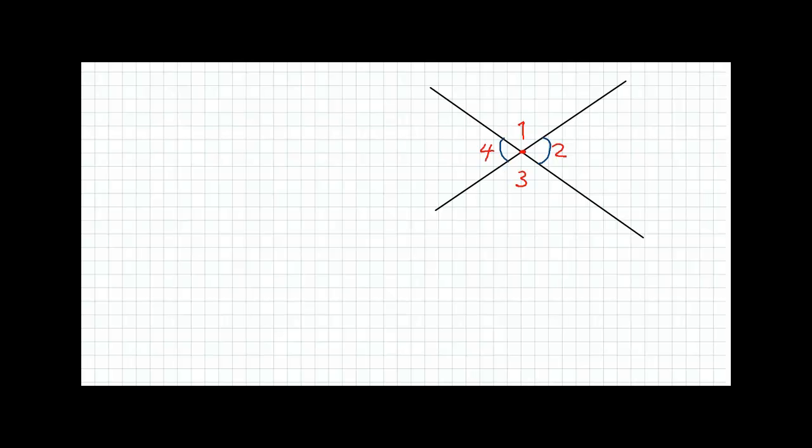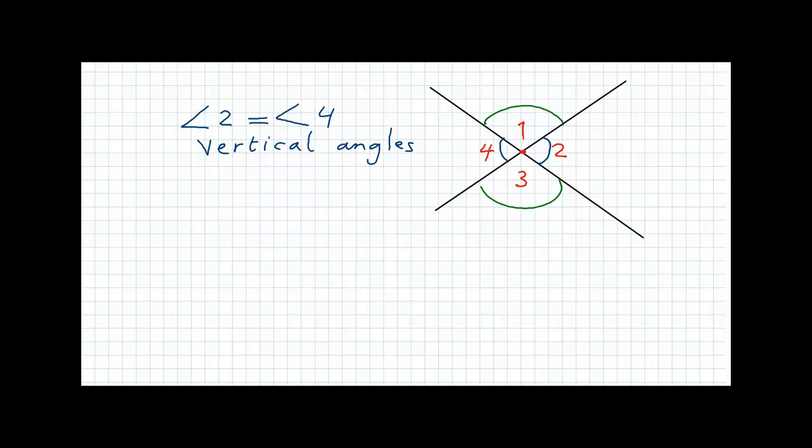So angle 2 must be equal to angle 4 because they are vertical angles. The same for angle 1 and angle 3.